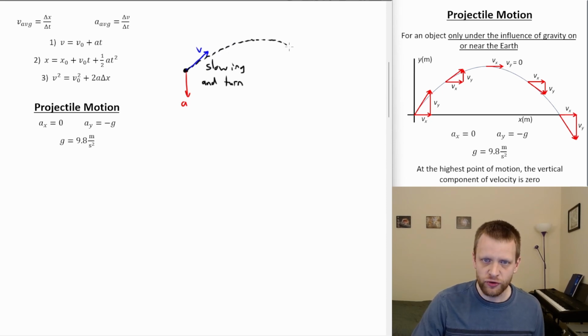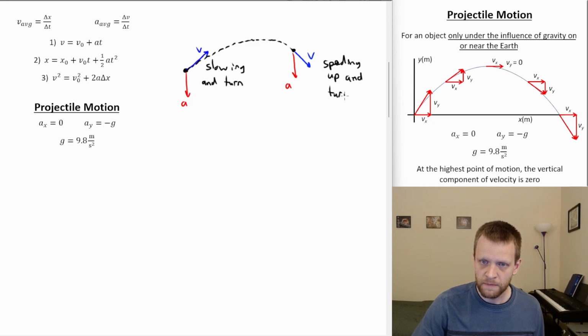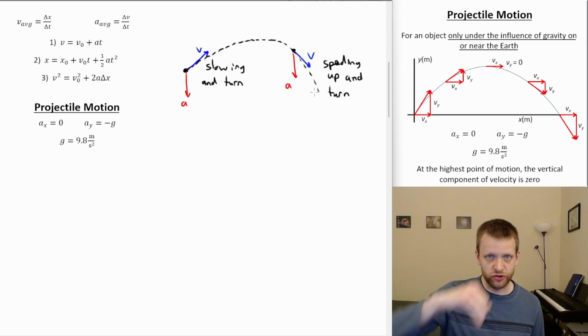And then after it reaches the peak of the motion, now we've got this object moving in this direction, and the acceleration is still pointing straight down. So on the other side of that motion, when it's starting to fall back downwards, this thing is going to be speeding up and still turning on that kind of parabolic trajectory.